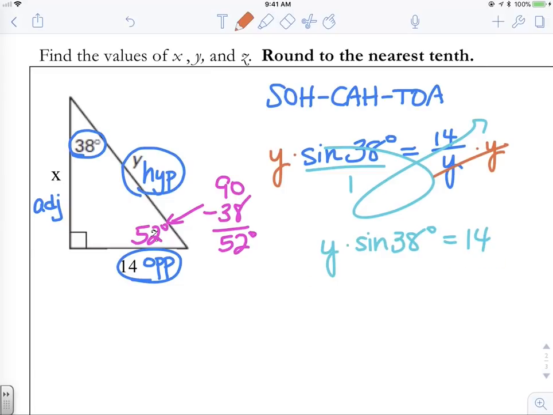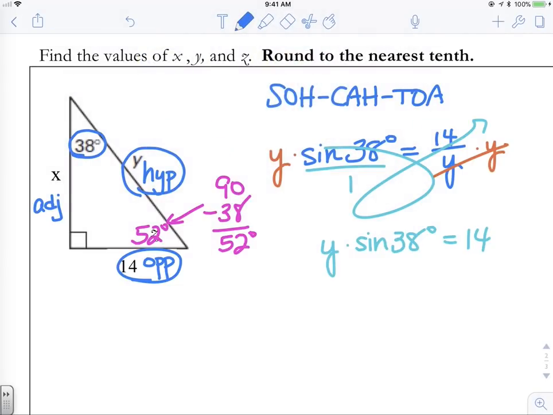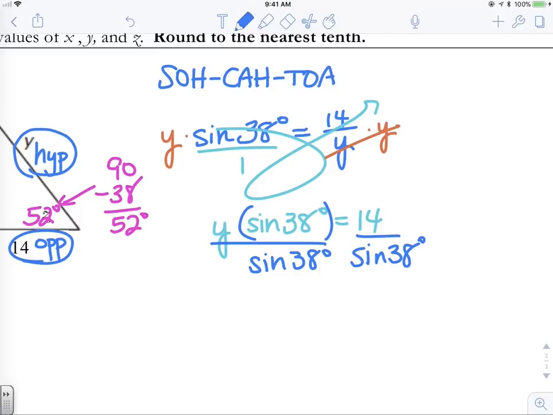Your other option is to multiply both sides of the equation by the denominator y, and you'll end up at the same place. Y times the sine of 38 equals 14. Now again, sine 38 is a number, so if you divide both sides by sine of 38, that will cancel on the left side with the y. So what you're typing into the calculator is 14 divided by sine of 38.